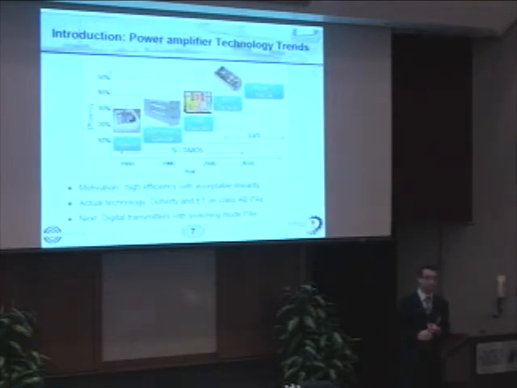Currently in industry, we use Doherty amplifiers that are more efficient but provide more nonlinear behavior. But with digital pre-distortion, we can compensate for this nonlinearity. The tendency is to move to digital transmitters and use switching mode power amplifiers that are much more efficient.